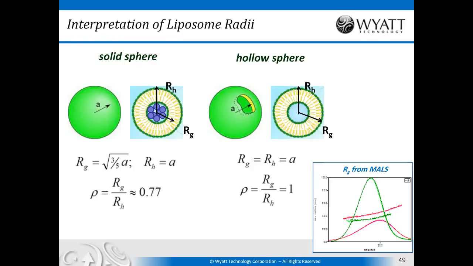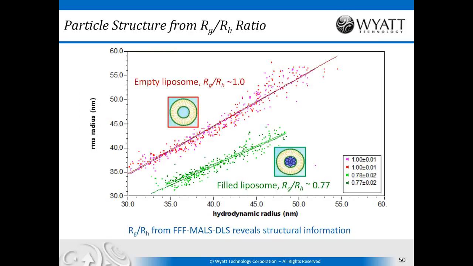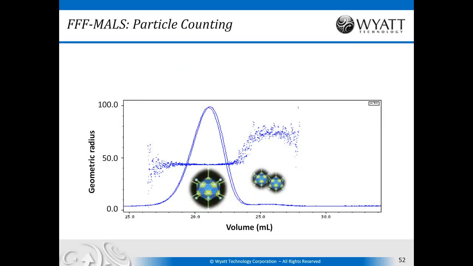The solid sphere would have a shape factor of 0.77, and these show up very nicely in the graphs. These are, in fact, the ratios that we get. And so, yeah, it is important to know what's inside your particle when you're delivering something important as a drug. And so using the right type of characterization technique to reveal that structural information can be really valuable.